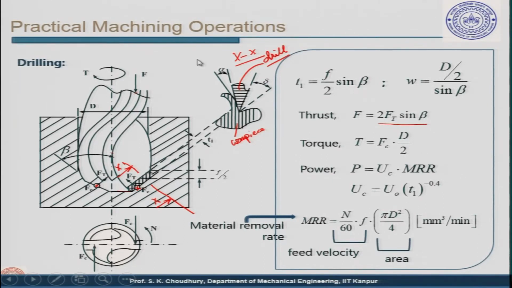But here I would like to tell one thing: the drilling process is the process in which you are initially making the hole. There is nothing in the workpiece, and you have started drilling a hole.